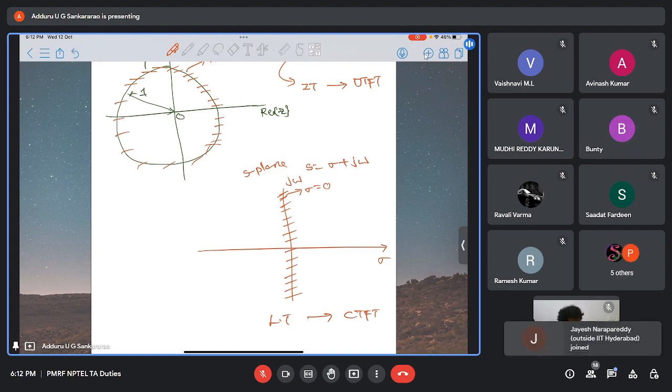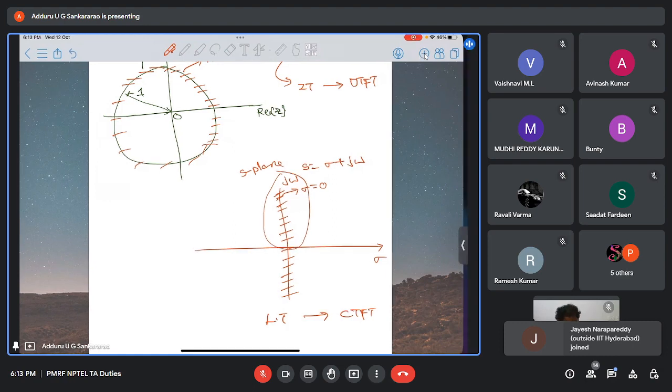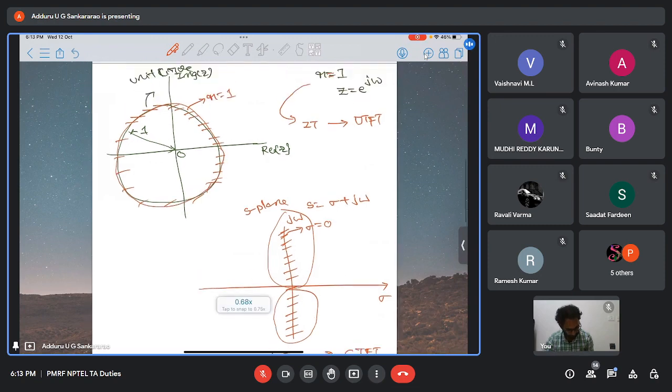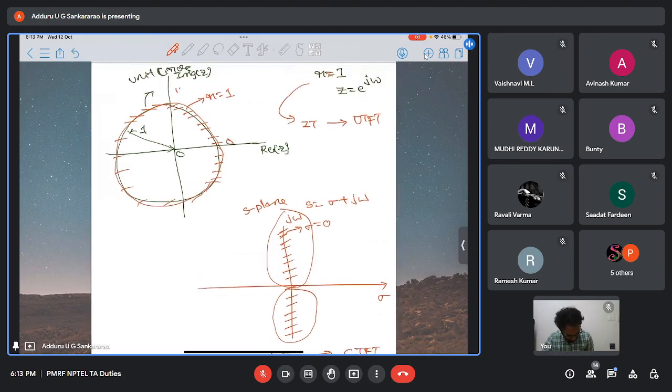Okay, and this upper half axis is nothing but the upper unit circle, like half of the upper unit circle, and this one is nothing but the remaining unit circle. Let us say this is 0, this is pi by 2, this is pi, this is, let us say, minus pi by 2.